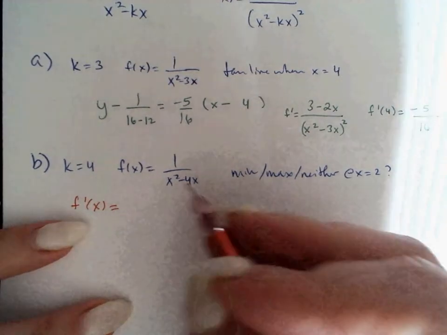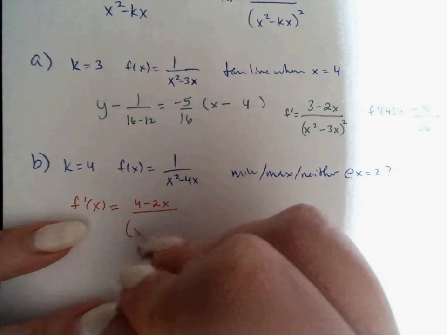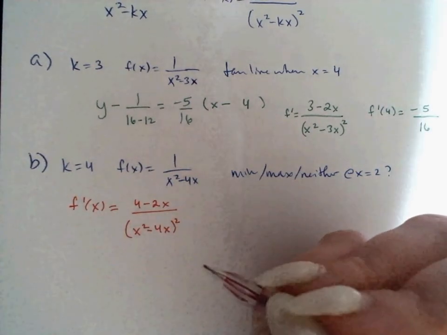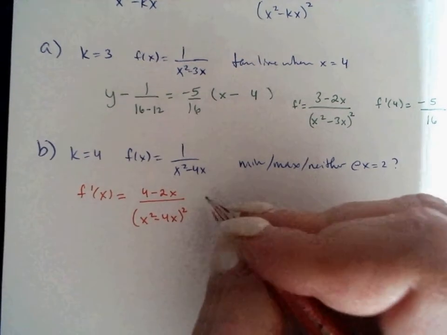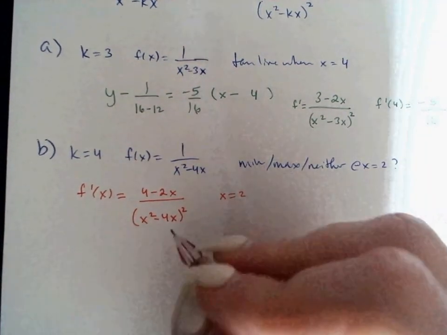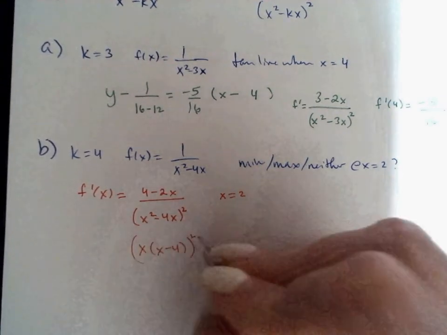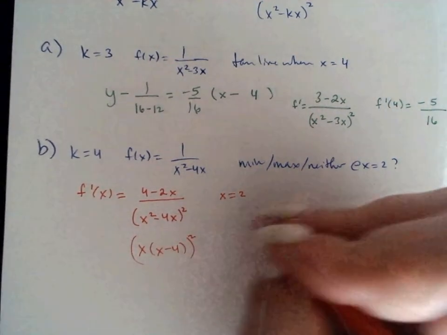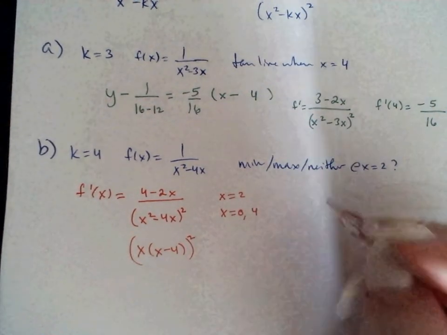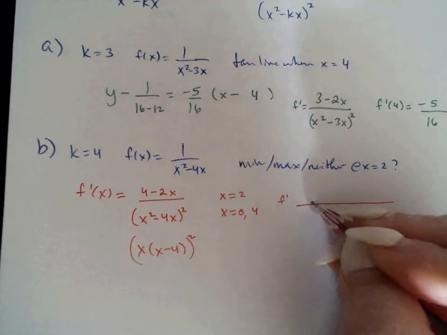So I'm going to say f prime equals, k equals 4, so 4 minus 2x over x squared minus 4x quantity squared. So if I were to set this equal to 0, I know x equals 2 is when the numerator equals 0. The denominator is x times x minus 4 and then quantity squared, which still means it's undefined at x equals 0 and at x equals 4.